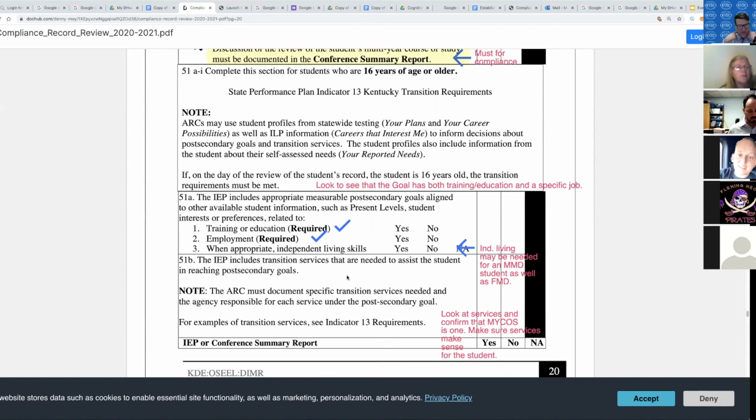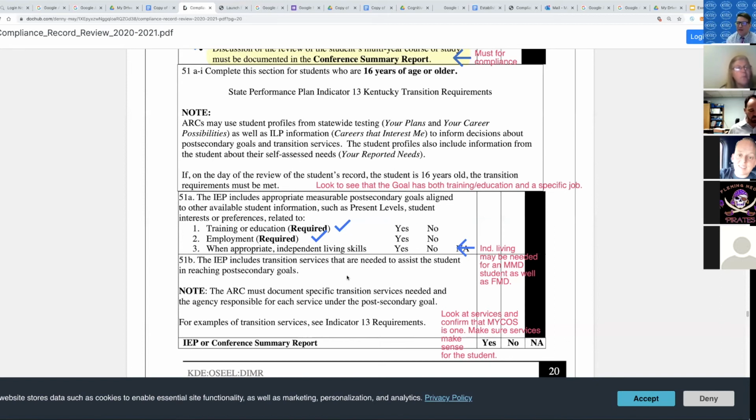One of the things that I would say is where we make mistakes is we forget to say what type of certificate they're going for in regards to training and education, where they're going to be doing that specifically, and then also the specific job. If we were doing transition training, I'd show you some examples and non-examples, but we don't have time for that right now.